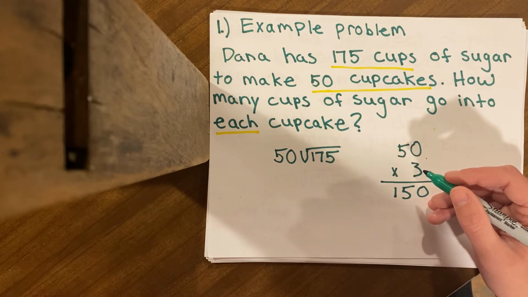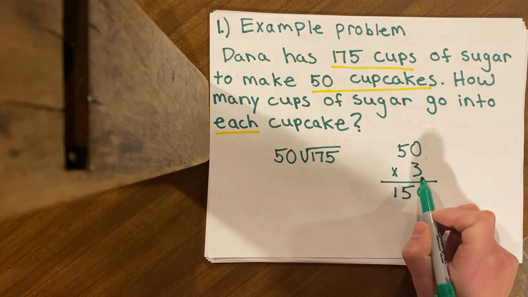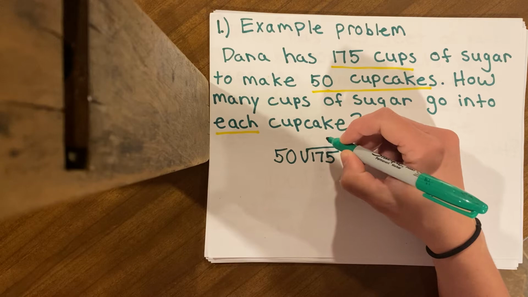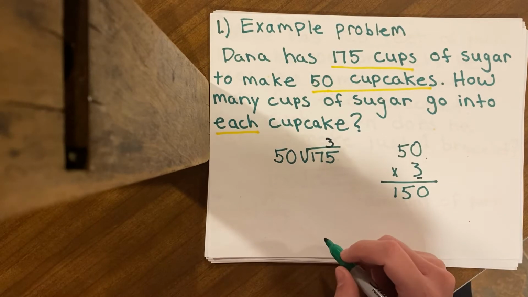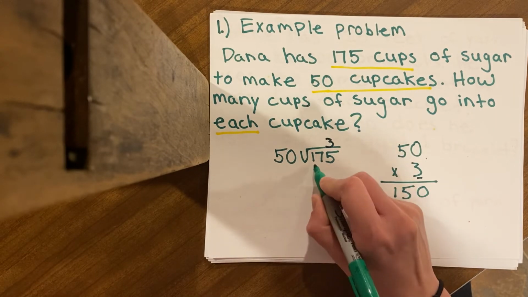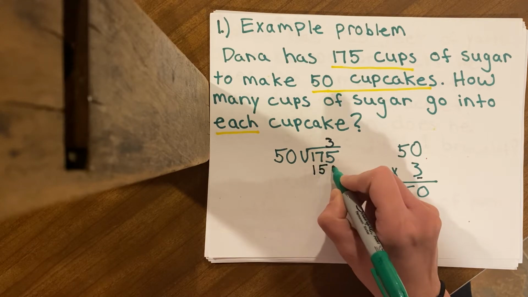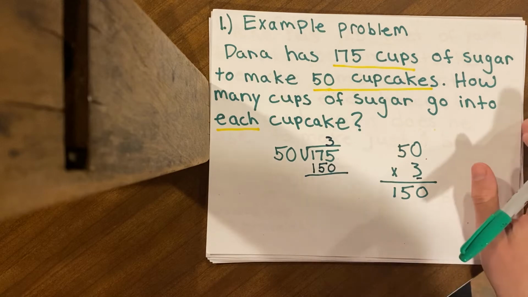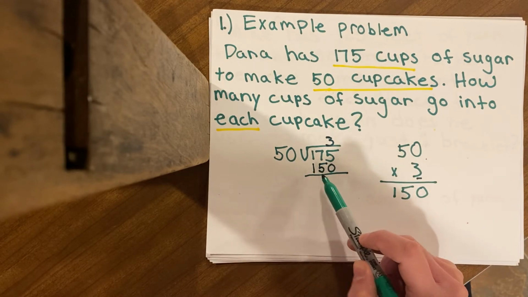Okay, so when we use our 150, we're going to put our 3, okay, that we got right above the 5. Okay, and then we're going to put our 150 down here. Okay, so we divide, we multiply to get our 150.